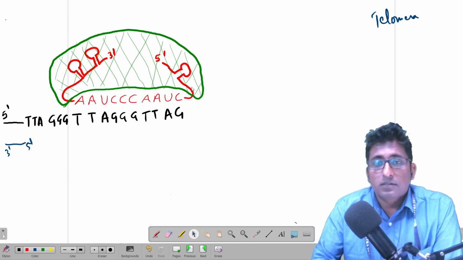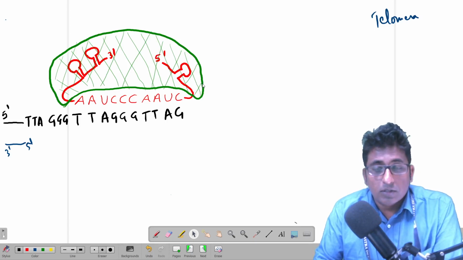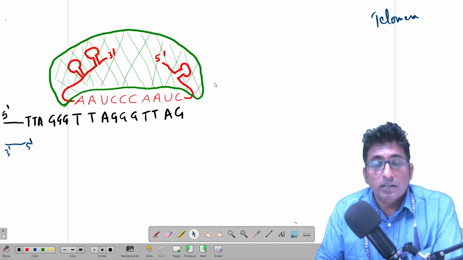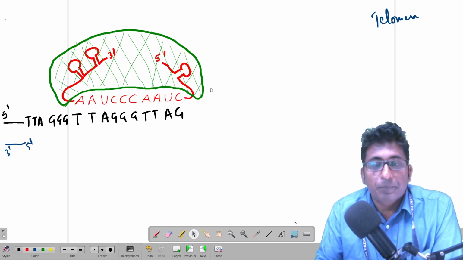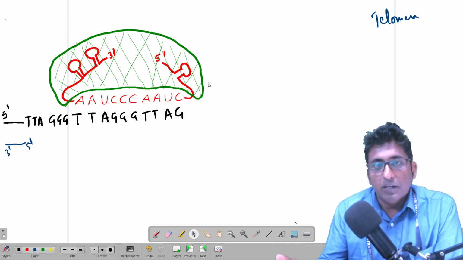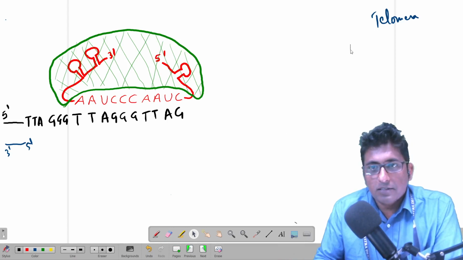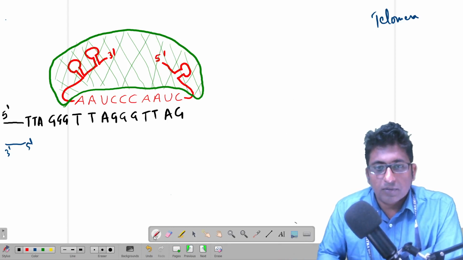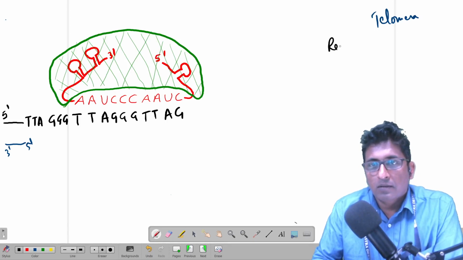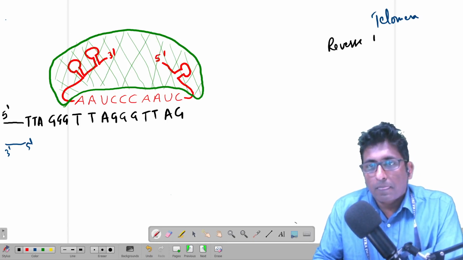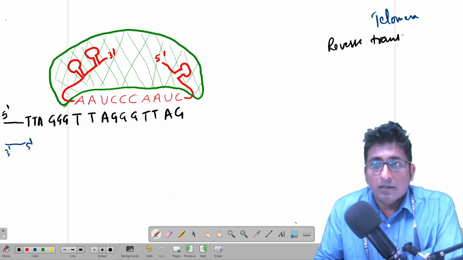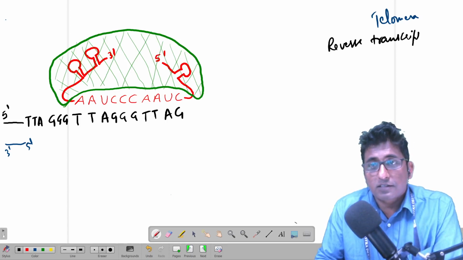What it means is that telomerase is an RNA-dependent DNA polymerase. If you remember reverse transcriptase, it is one of the examples of a reverse transcriptase. Some of the viruses do have specialized transcriptases.